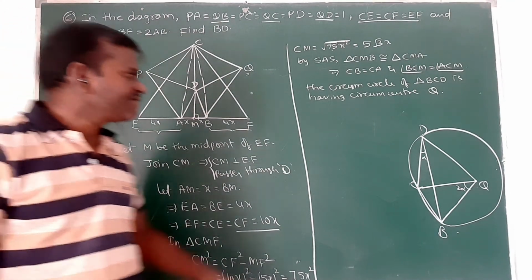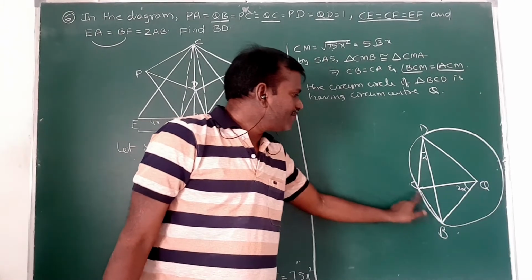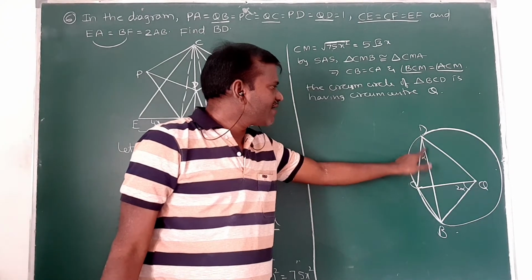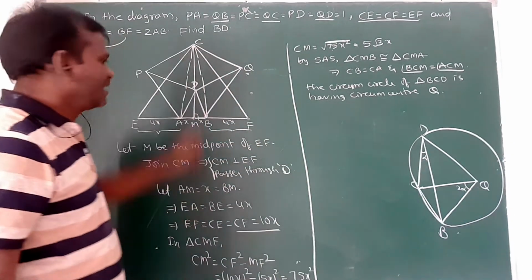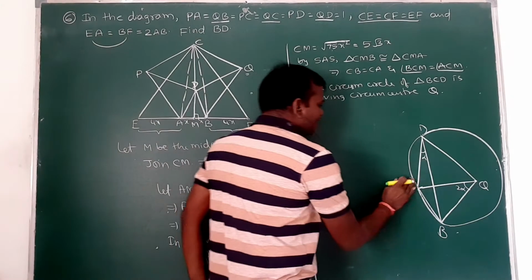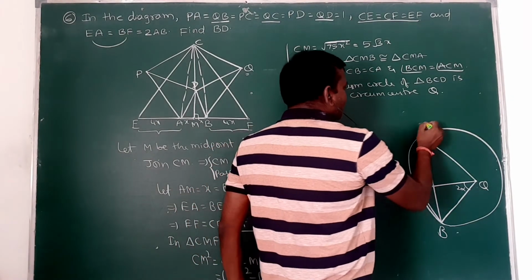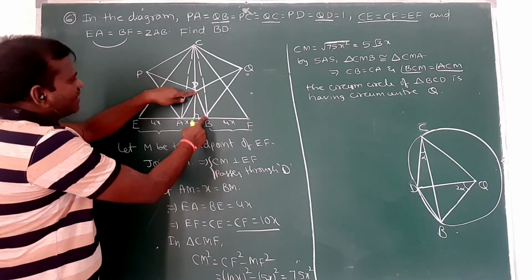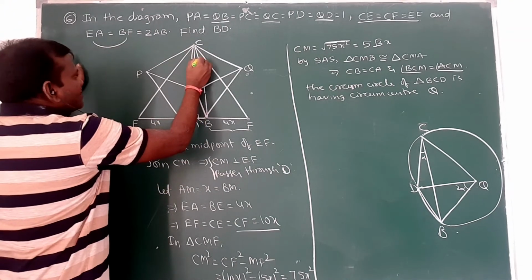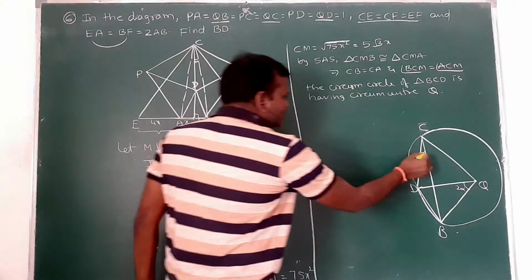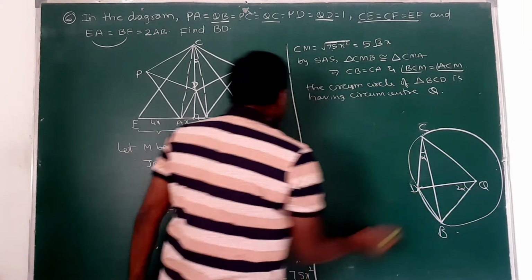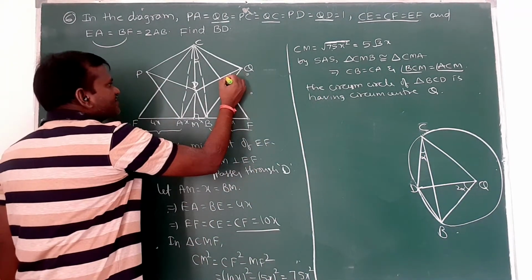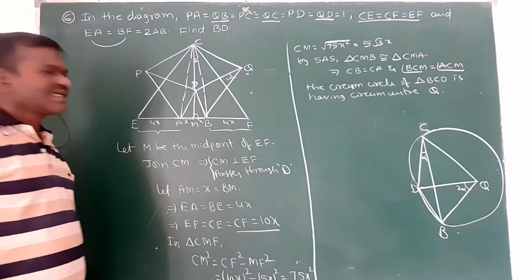So suppose BD makes an angle of alpha at C, that means this is alpha, and this is 2 alpha at the center.